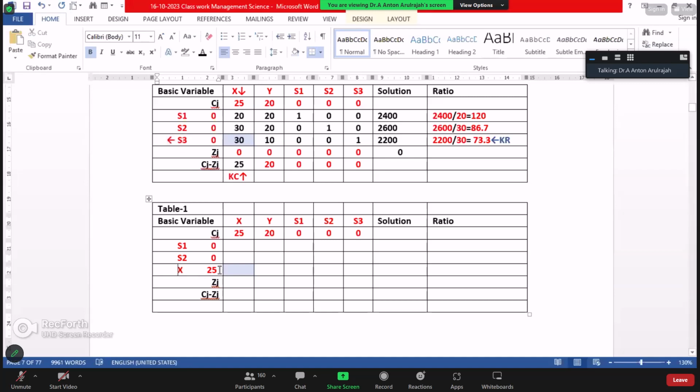X3 is there, with 25. That is entering the basis. So I told you the key value you have to make it 1. If 30 is divided by 30, that should be 1. So the entire row has to be divided by 30. Then 10 divided by 30, how much? 1 by 3. Okay.